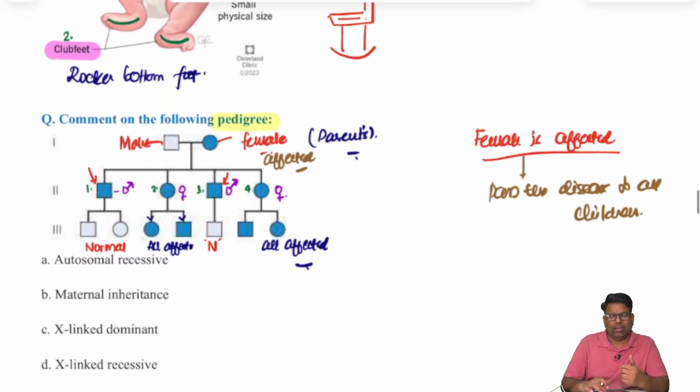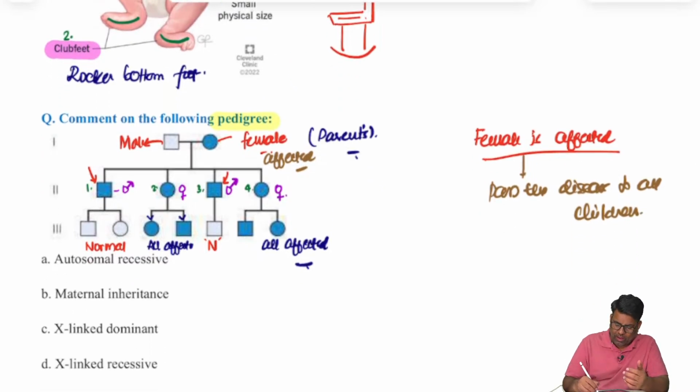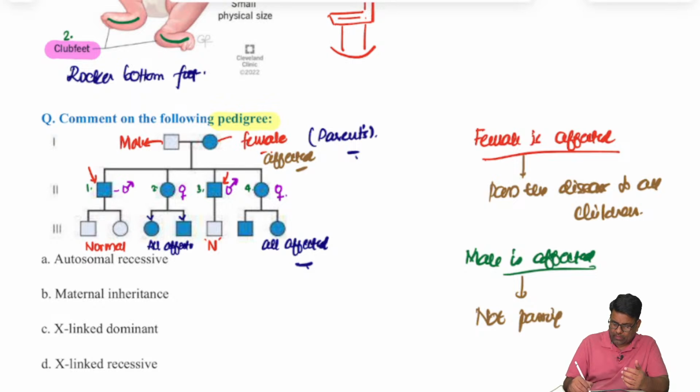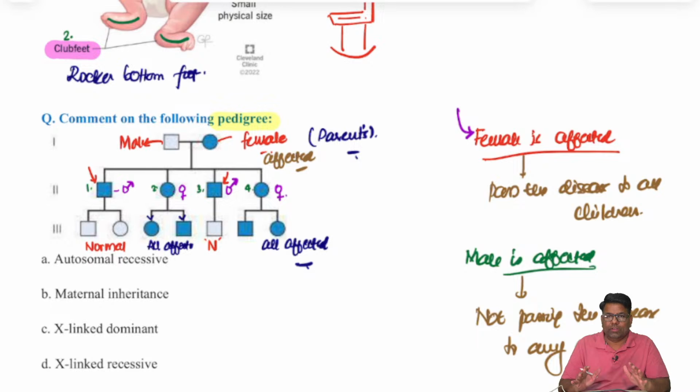So an affected female is passing the disease to all children, and if the male is affected, he is not passing the disease to any child, right? It means the transmission is only occurring if the female is affected. Male has no role in passing of the disease, and this type of inheritance is known as maternal inheritance.